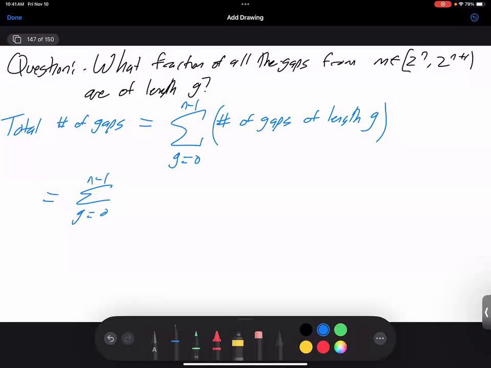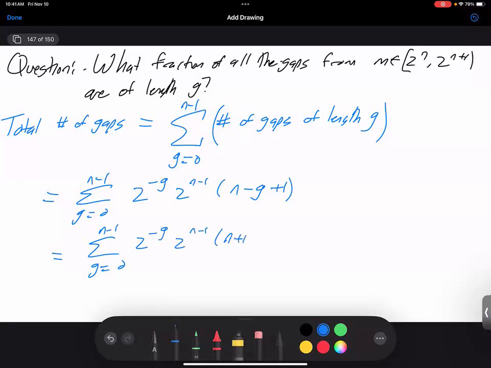And what did we just get a moment ago? We had it was 2 to the minus g, 2 to the n minus 1, n minus g plus 1. So when we look at this, we have a sum, g goes from 0 to n minus 1, 2 to the negative g, 2 to the n minus 1 times n plus 1, minus the sum, g goes from 0 to n minus 1, 2 to the negative g, 2 to the n minus 1 times g.